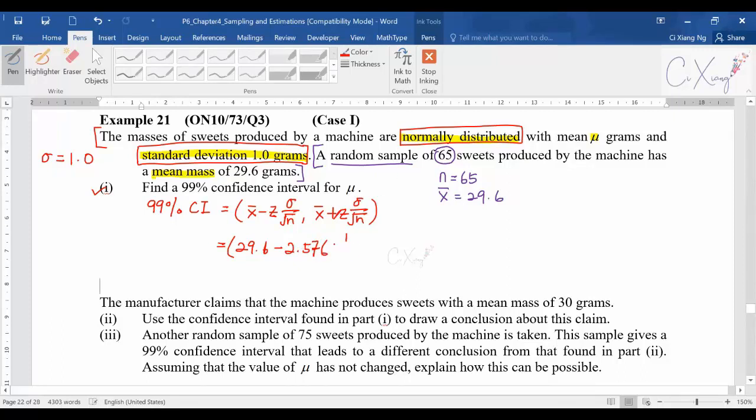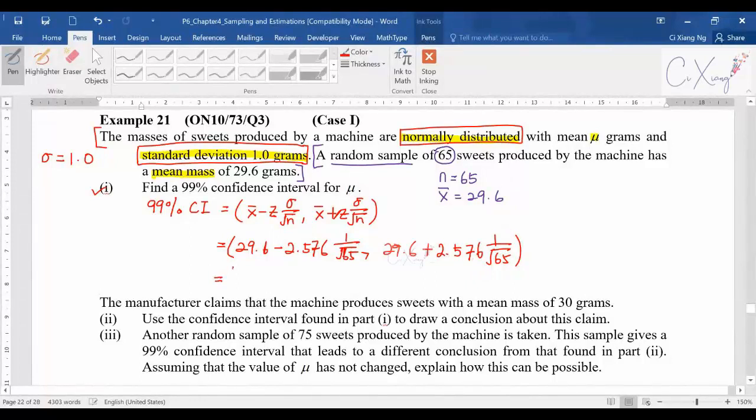Sigma is 1 divided by square root 65. Then you also have 29.6 plus 2.576 times 1 over square root 65.